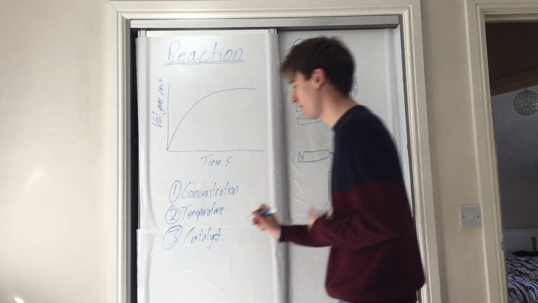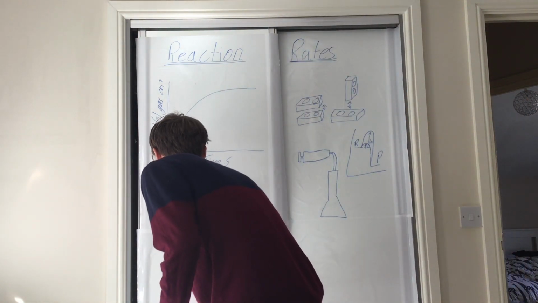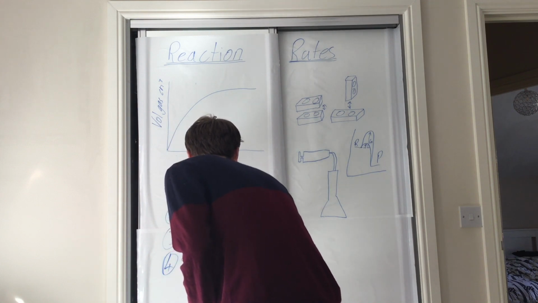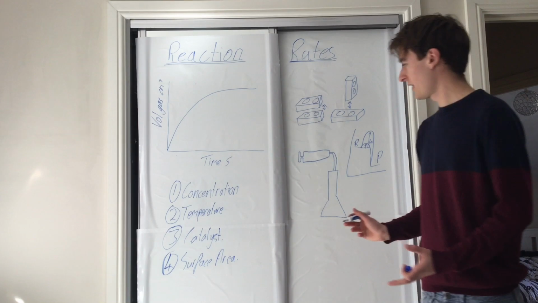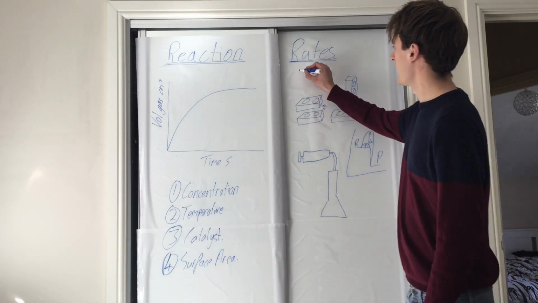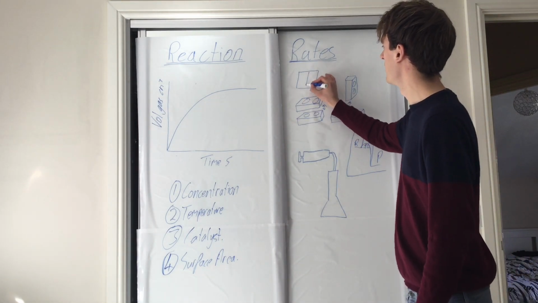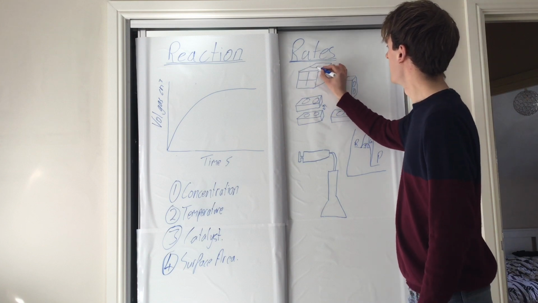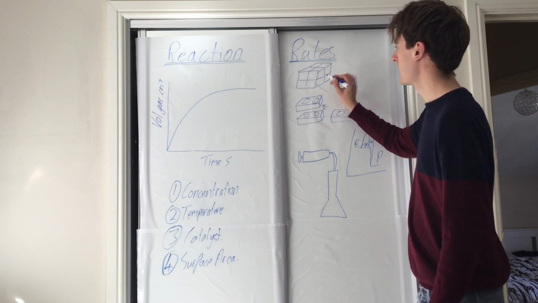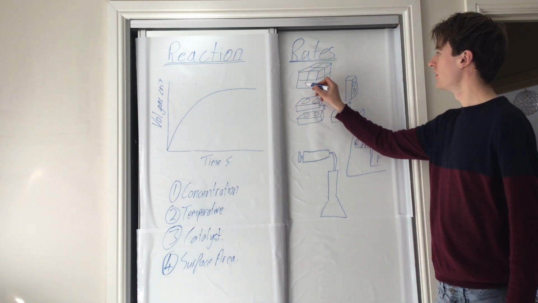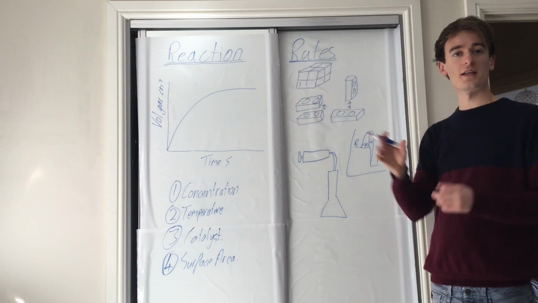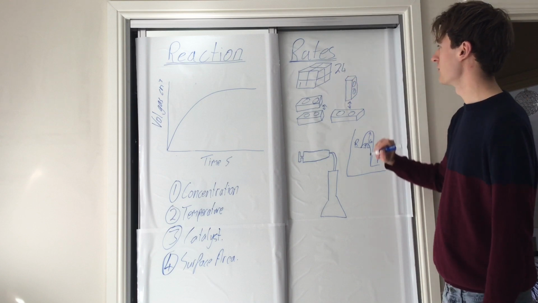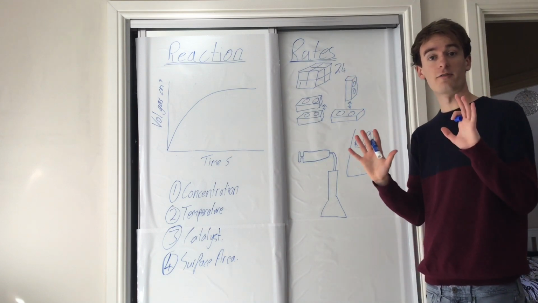The fourth and final thing is surface area. A way to quickly envisage this would be if you have a cube like this, with 4 units, just one square, 4 squares on either side, that gives you 24 in total, 24 surfaces.